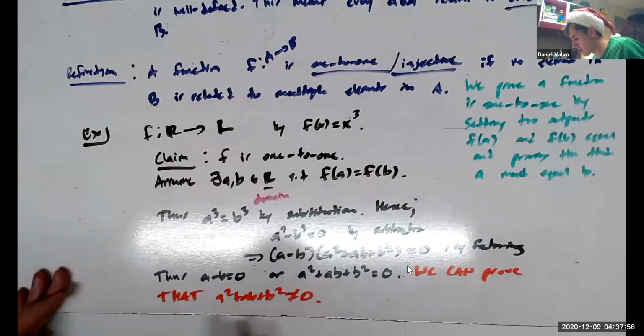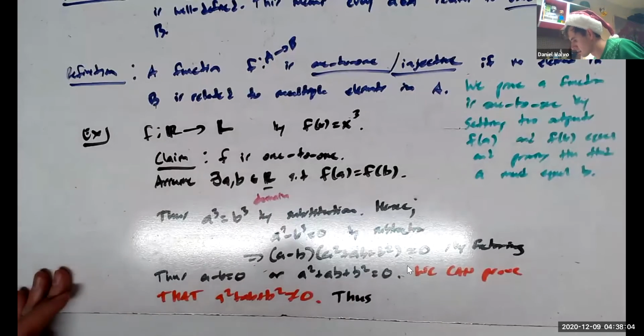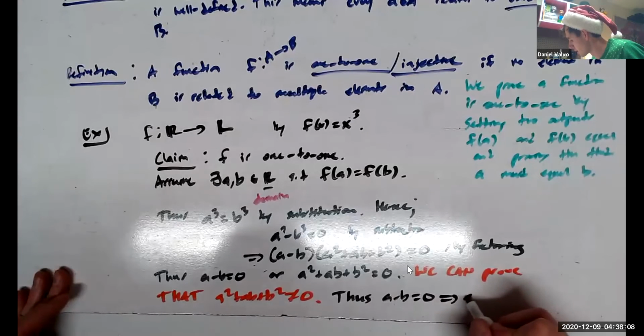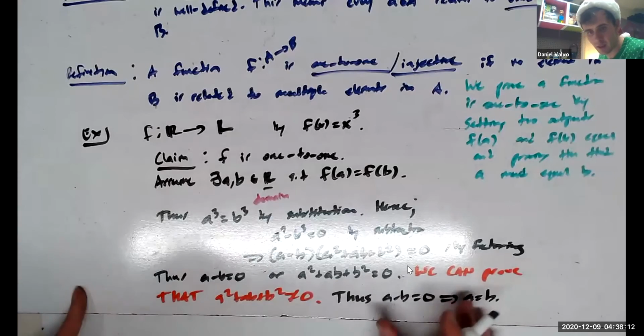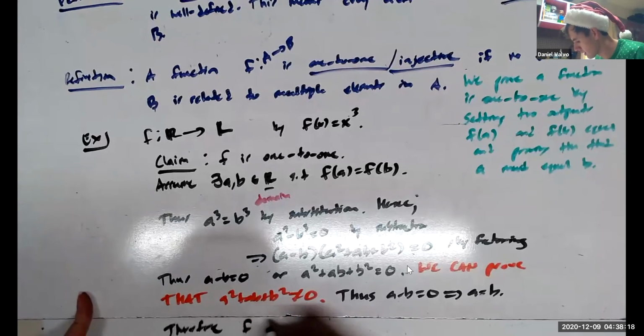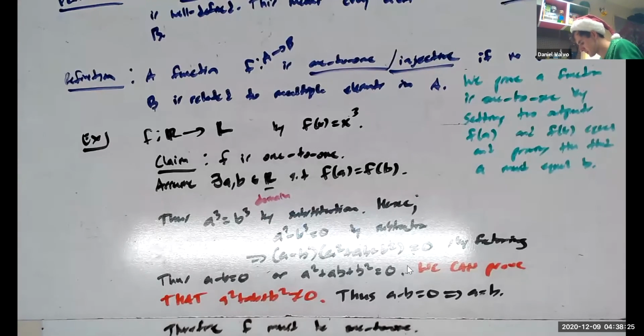So thus, A minus B must equal 0, which implies A equals B. Therefore, f must be 1 to 1.